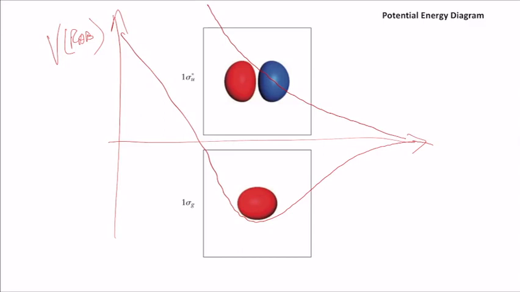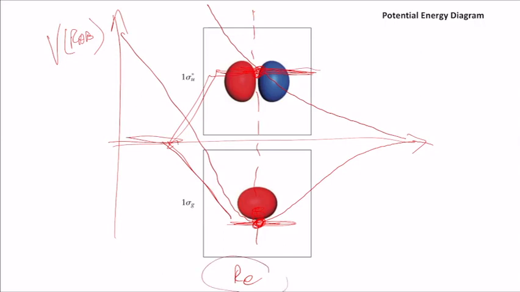Well, at our equilibrium, we can draw this point in the potential, and then we draw the energy levels like this, and we make a correlation diagram. So as you can see, these wave functions are associated with an equilibrium distance.